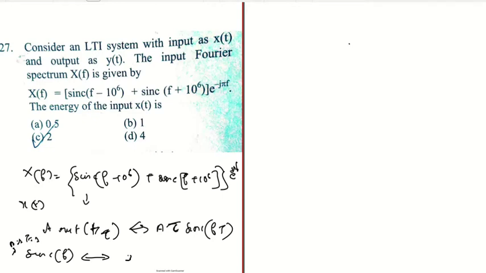So this will be rect(t/1), which extends from minus 1/2 to 1/2. This is our rectangle in t.